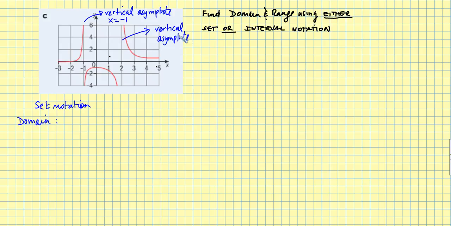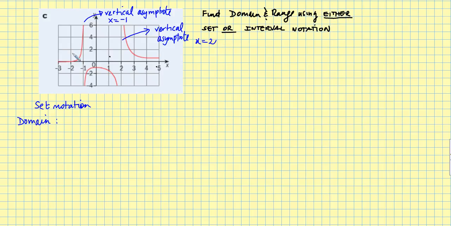Okay, so going by what we talked about in the previous lessons, sometimes it's easier for us to state the domain as what it's not allowed to be, or state the restriction, as opposed to stating what x is allowed to be.